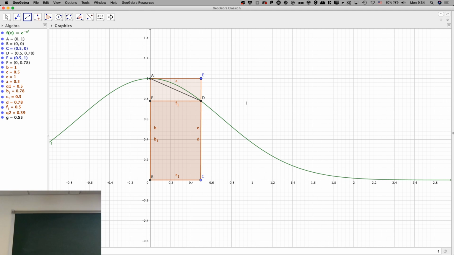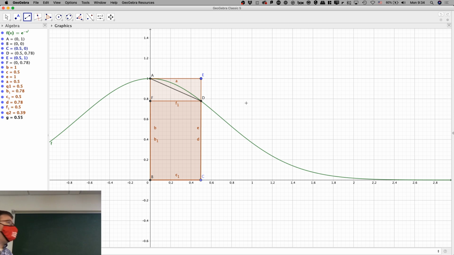So if I connect those two points with a slopey line, the average of the two rectangles' area is the area of that trapezoid. Okay, do you guys buy that?